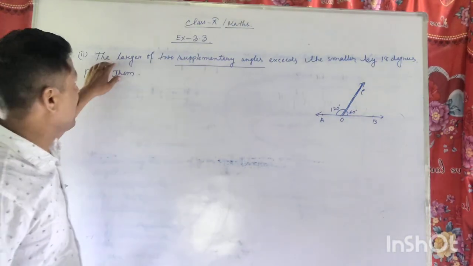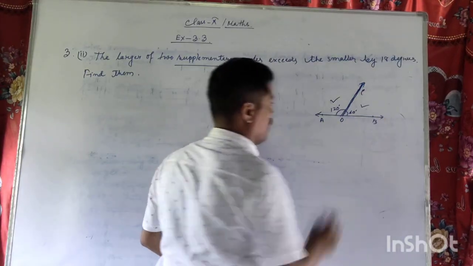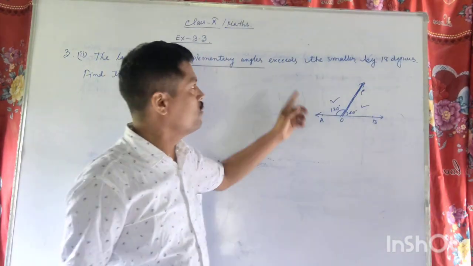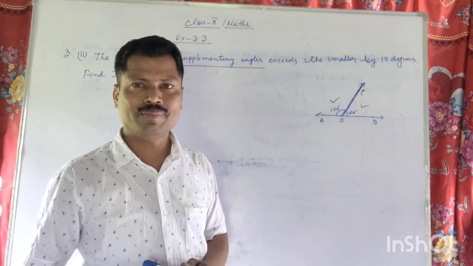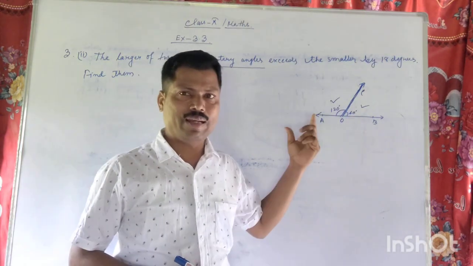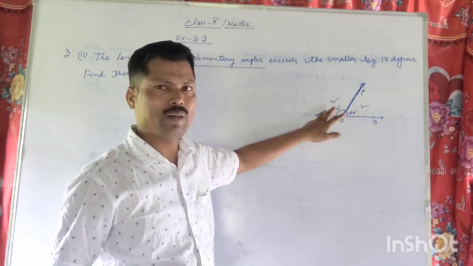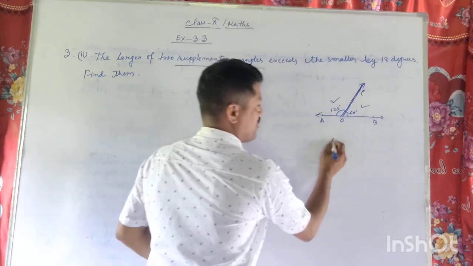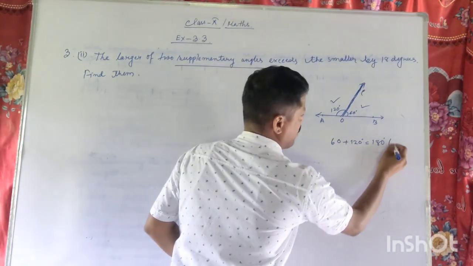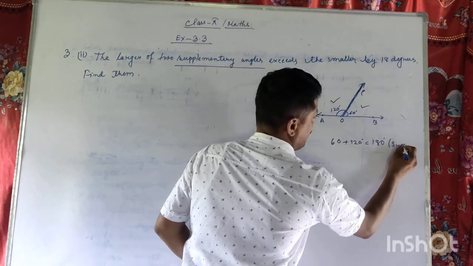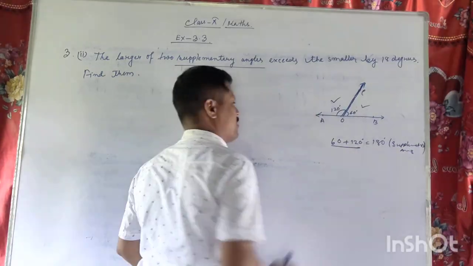Here also we have one larger and another one smaller. So if we let the larger angle be X and the smaller angle be Y, then we have to write X plus Y. Here 60 degrees plus 120 degrees gives 180 degrees, so these two angles are supplementary angles.